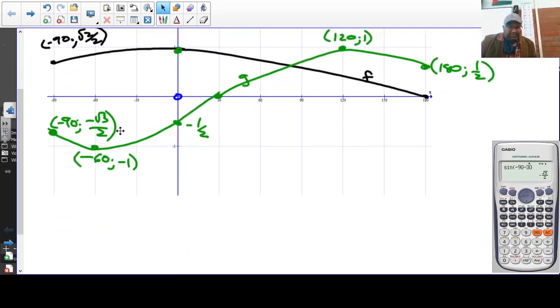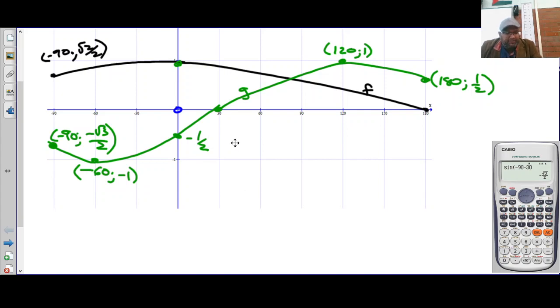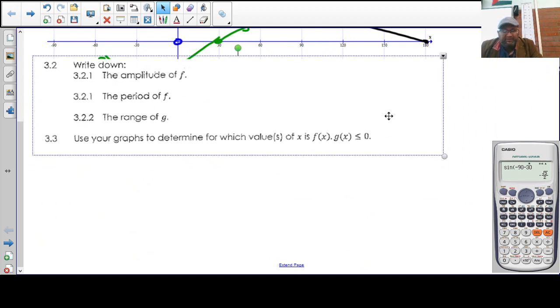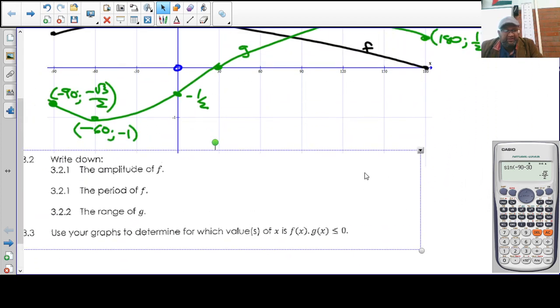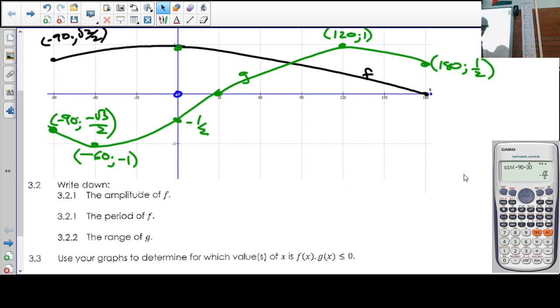Okay, so let's just get the questions up here. So the first question was, what is the amplitude of f?